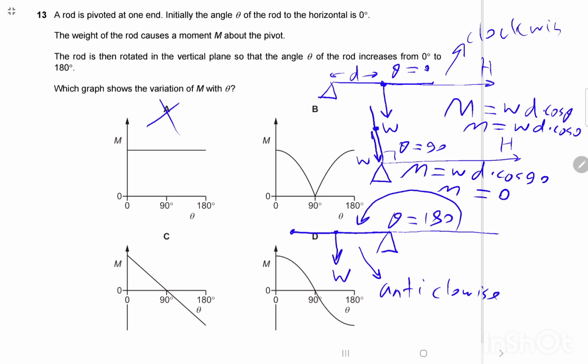So initially it was maximum, then it becomes 0, and then it becomes maximum again in the anti-clockwise direction. And as we said, this is a cosine curve. So which means option D is the correct answer.